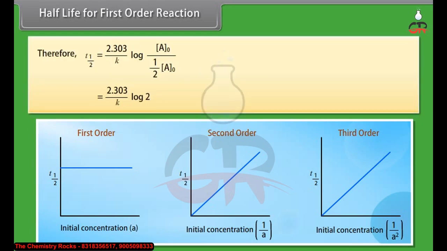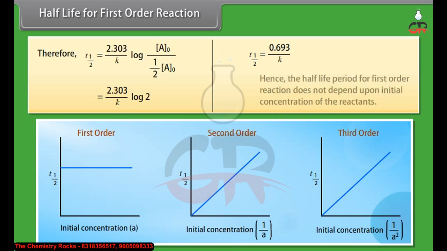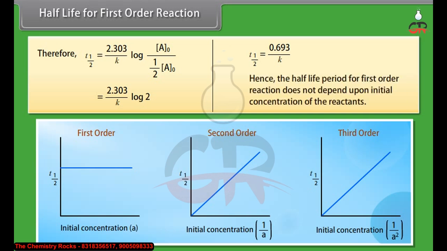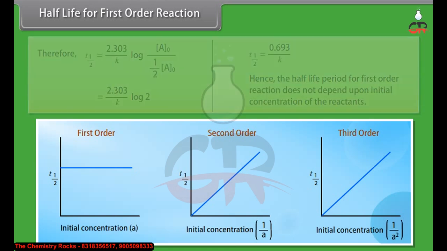T half is equal to 2.303 divided by K multiplied by log 2. It can be written as T half is equal to 0.693 divided by K. Hence, the half-life period for first-order reaction does not depend upon initial concentration of the reactants.